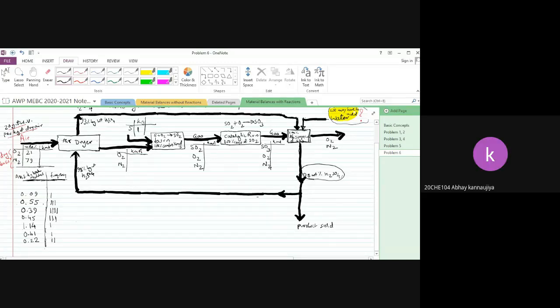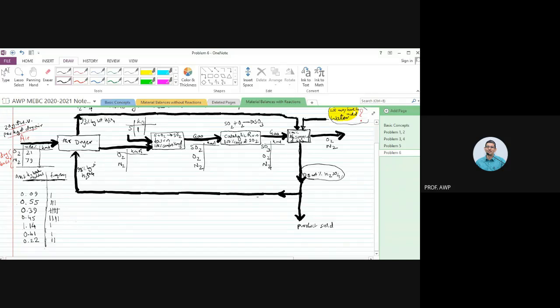I'm getting 0.45. Okay, shall we solve the problem? Yes, sir.